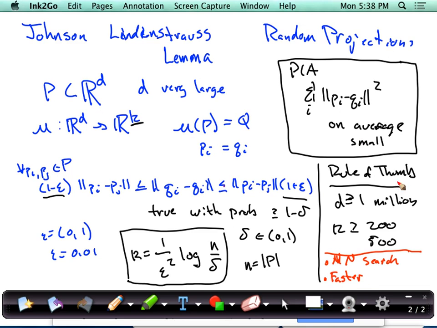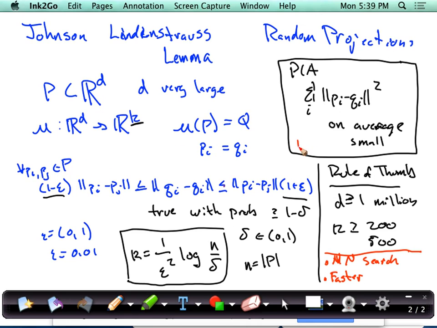The other thing is that this can be much faster. You could go down to, say, 500 dimensions and then run PCA, because this you can do in basically k times the size of the data. I'll describe how to do this on the next slide. You can do it in the dimension you go down to times the time it takes to read the data, whereas PCA took n times d squared, or if n was bigger than d, it would be n.